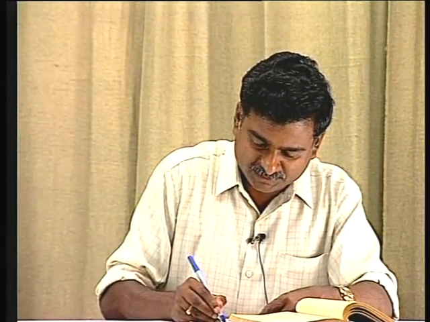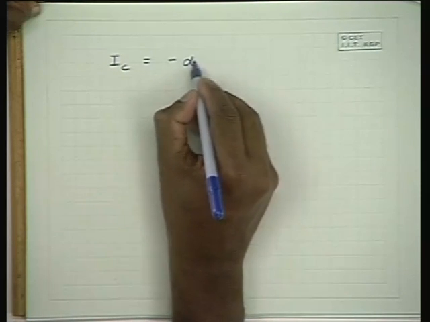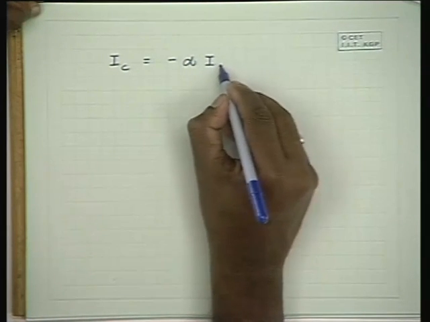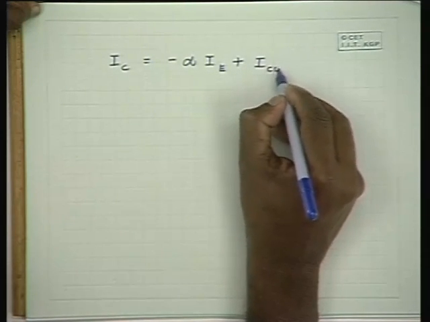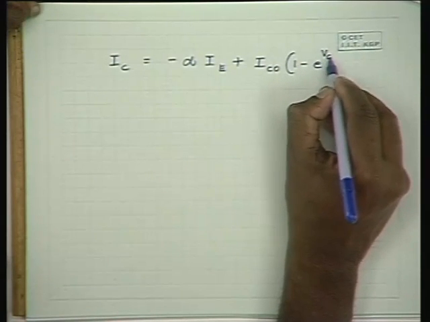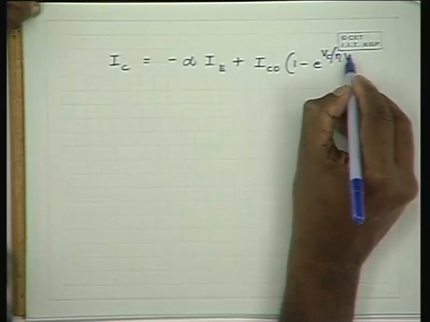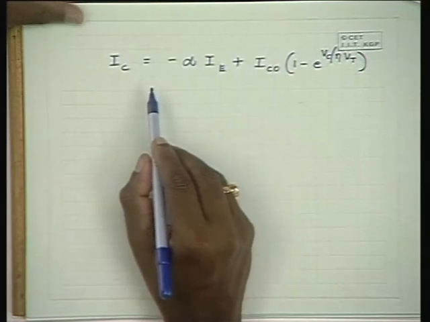Now, the expression for the collector current can be given as shown here.